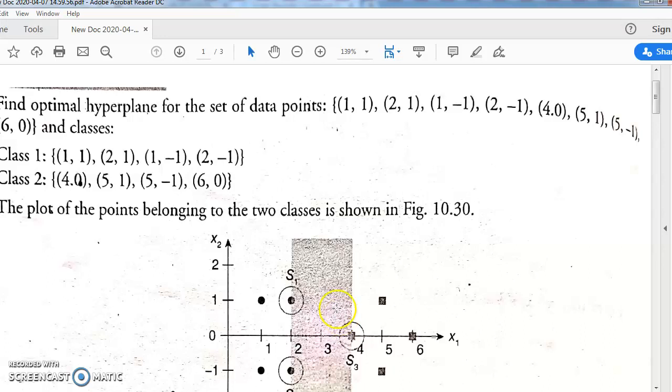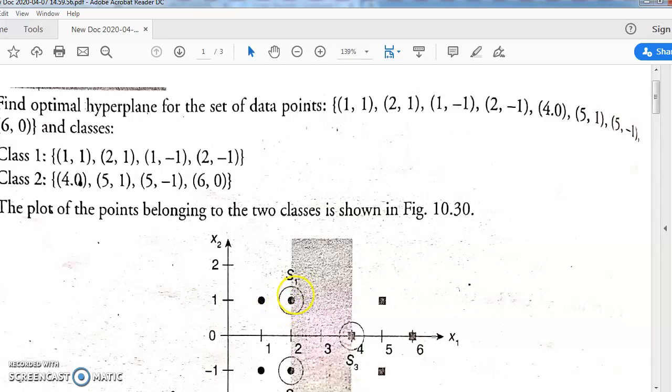Similarly here the classes will be represented as the positive class and negative class. So we will assume that S3, class 2, represents the positive class, and class 1 represents the negative class. This is completely an assumption.